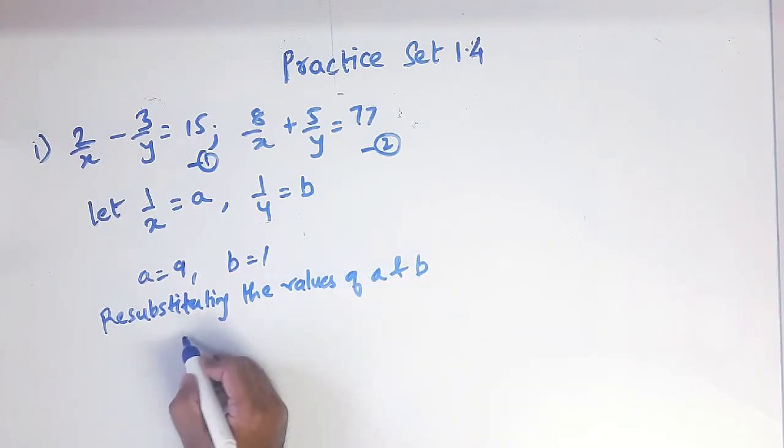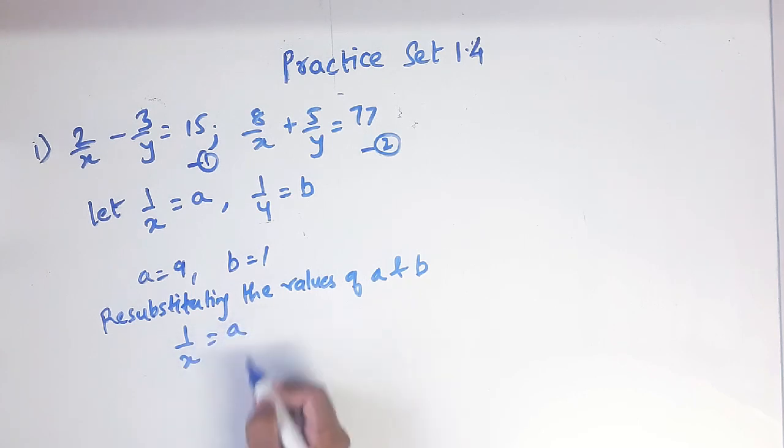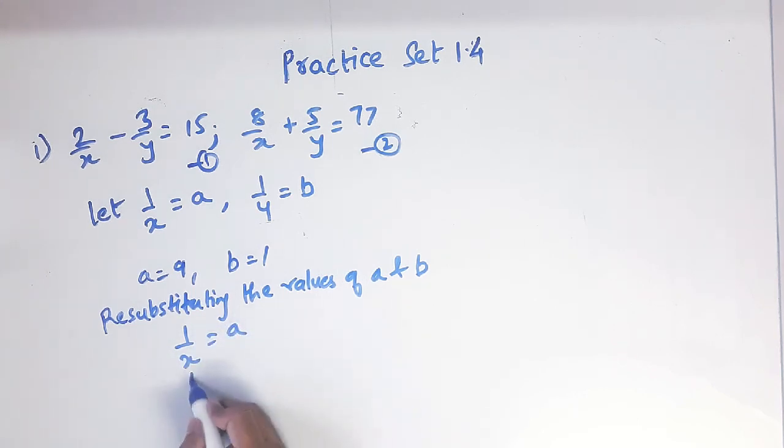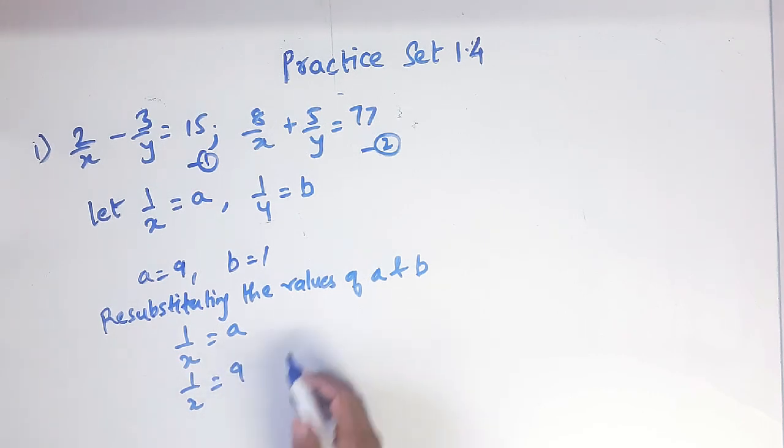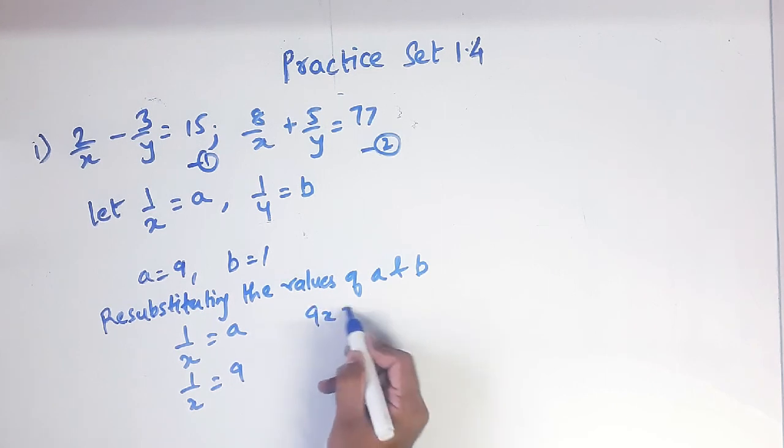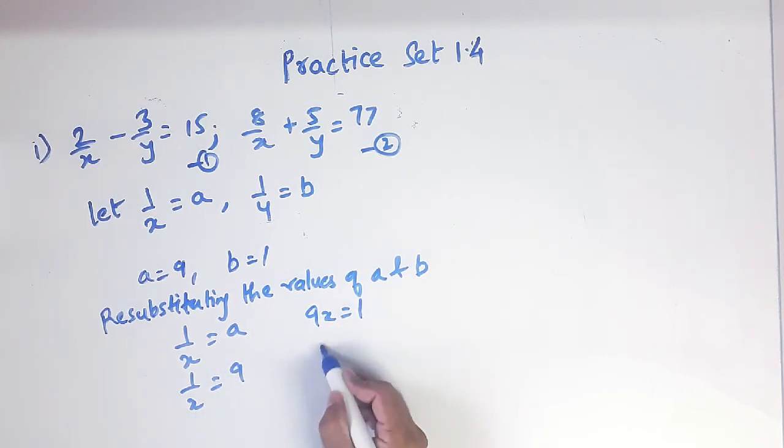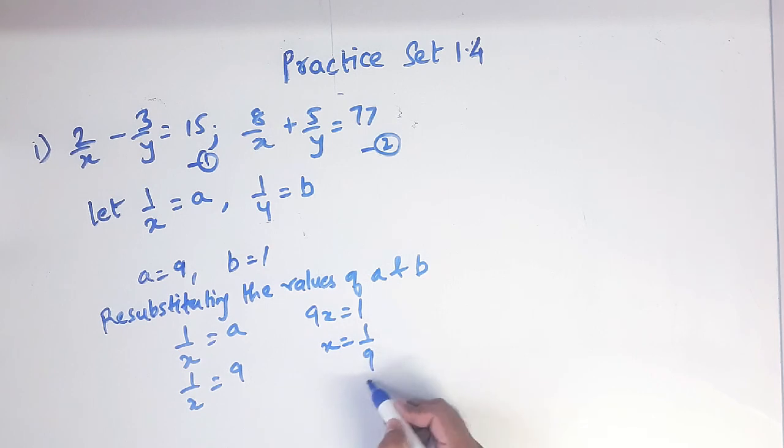So 1 upon x is equal to a, yes or no? So 1 upon x is equal to 9. If you cross multiply, you will get 9x equals 1, so x is equal to 1 by 9. This is what you got for x.